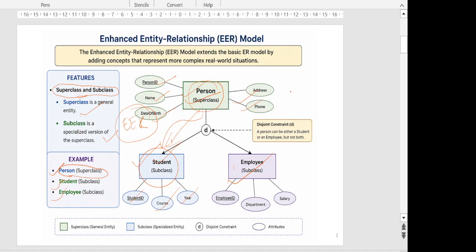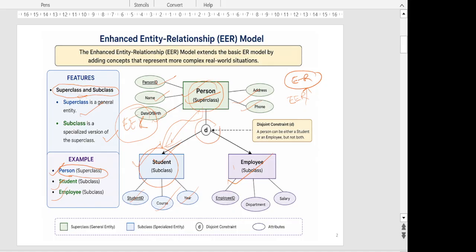That means if it is an ER diagram, as we already know, it adds more concepts to handle complex real-world problems and to understand them better. So we call it an EER diagram, the enhanced entity relationship model.